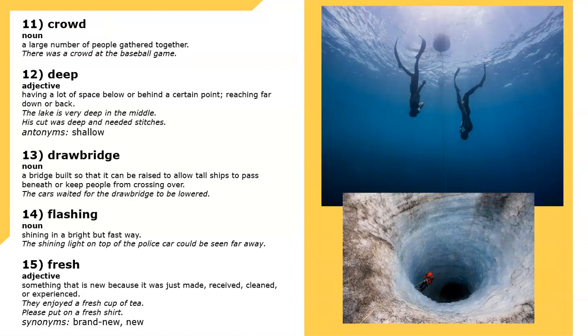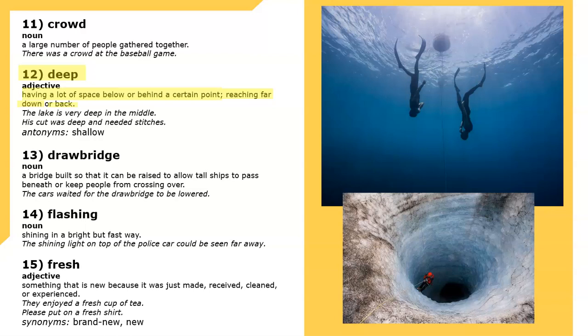Our next word is deep. Deep is an adjective that we can use to describe something, like the ocean or a hole. So deep means having a lot of space below or behind a certain point. Something that is reaching far down or back.